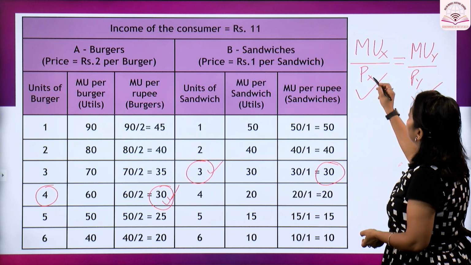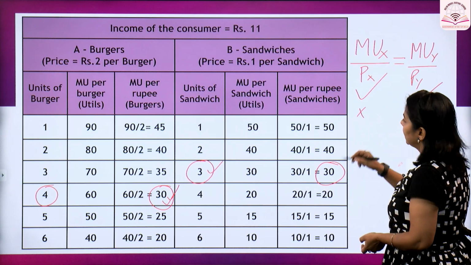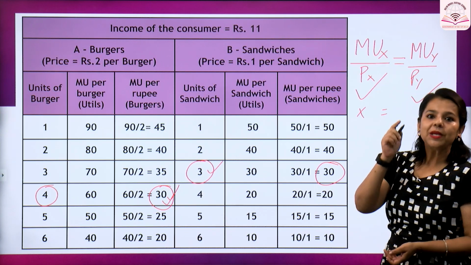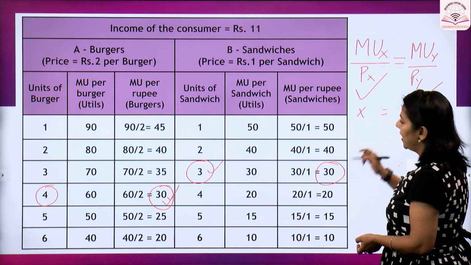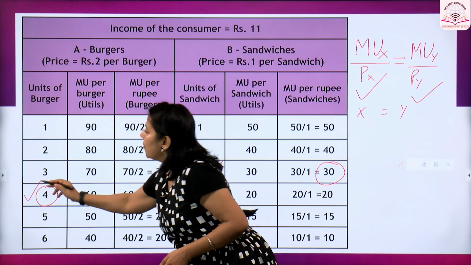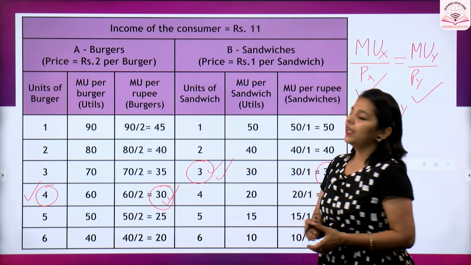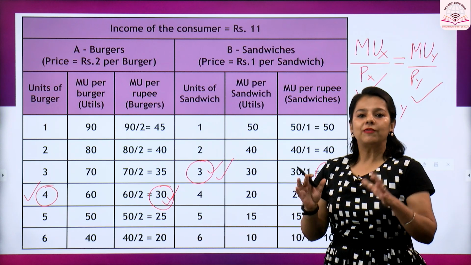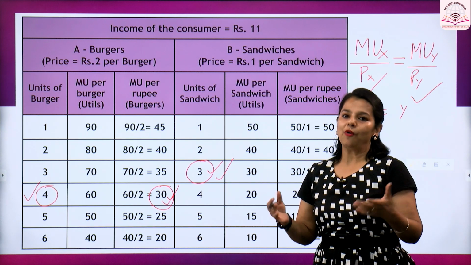So, the per rupee marginal utility of good X is equal to the per rupee marginal utility of good Y when the consumer is purchasing 4 units of burger and 3 units of sandwiches. We will explain this with the help of a graph.